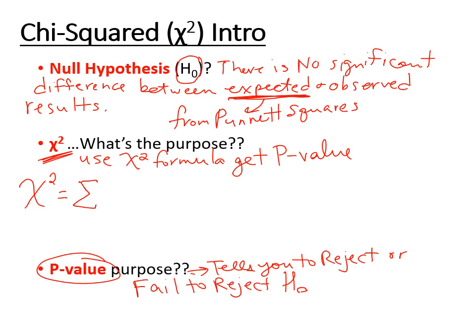Epsilon symbol, and then we have O minus E squared, and you put that on top of E. Sorry, the pen keeps acting up.